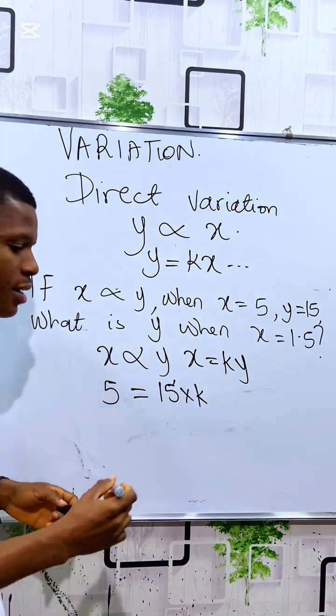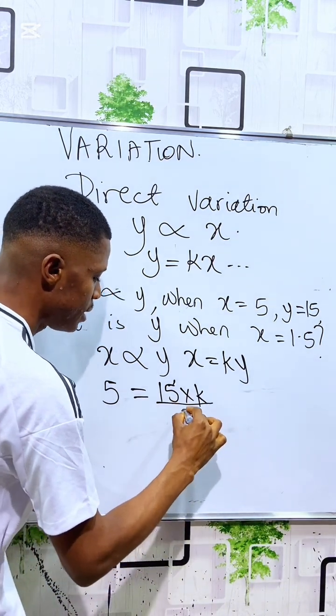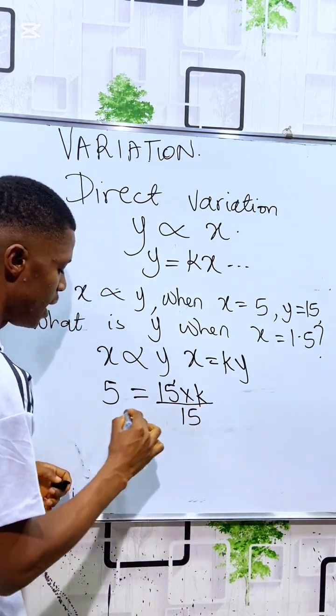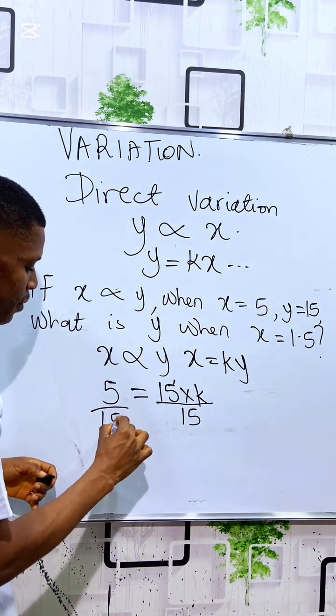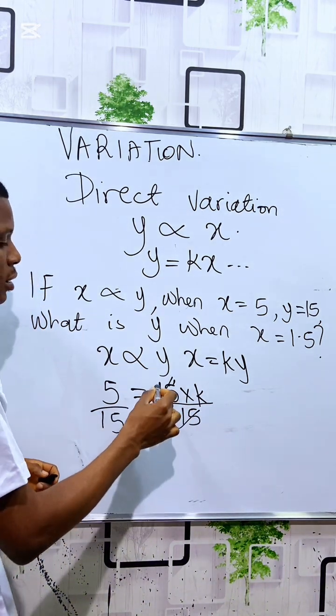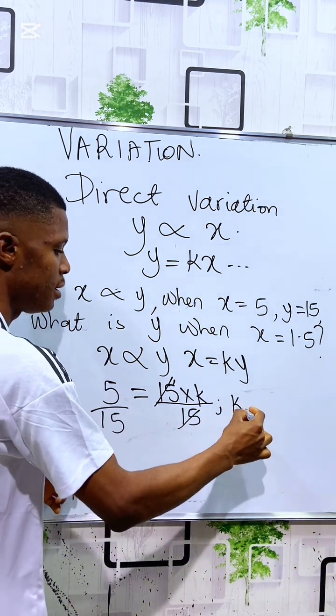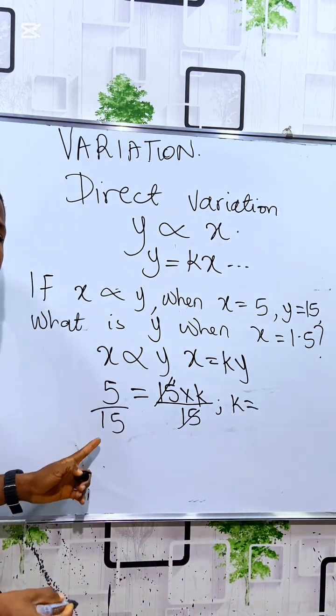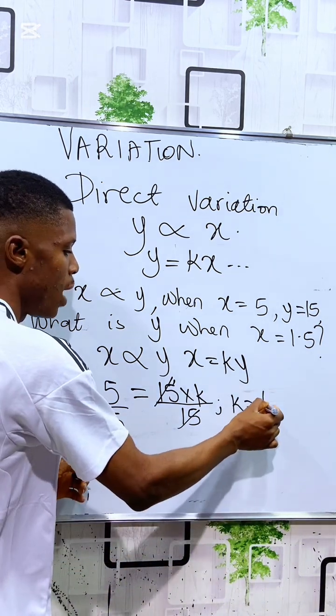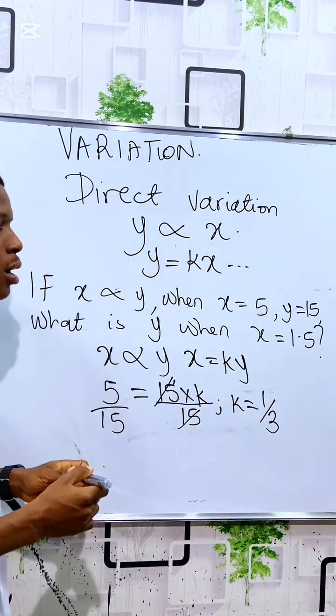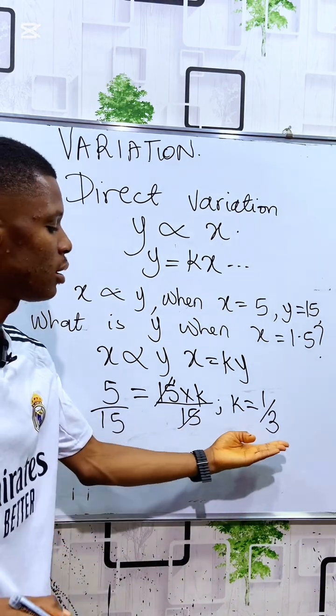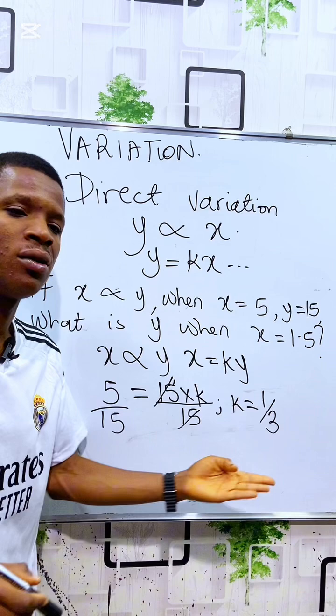So for us to get the k, we'll divide the right-hand side by 15 and divide the left-hand side by 15. If you do the division, you see that k is equal to 5 divided by 15, which is 1/3.